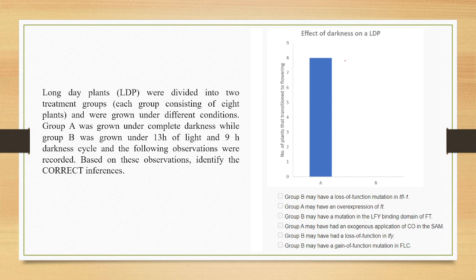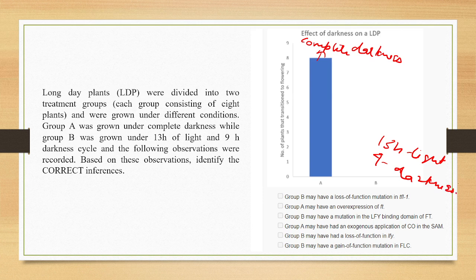Group A was grown under complete darkness, while group B was grown under 13 hours of light and 9 hours of darkness cycle. Based on the following observations, we have to identify the correct statement.